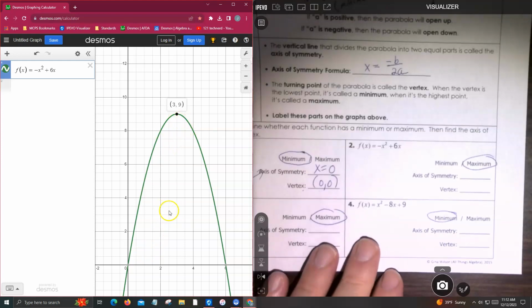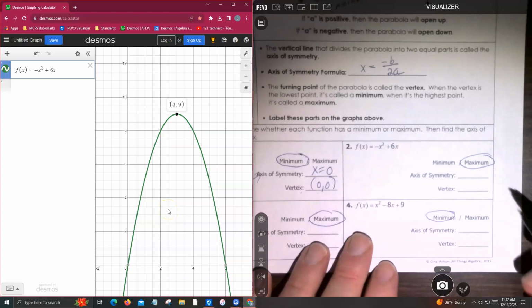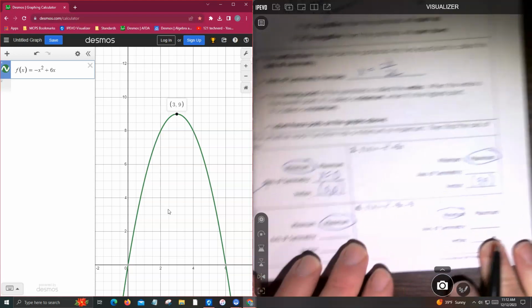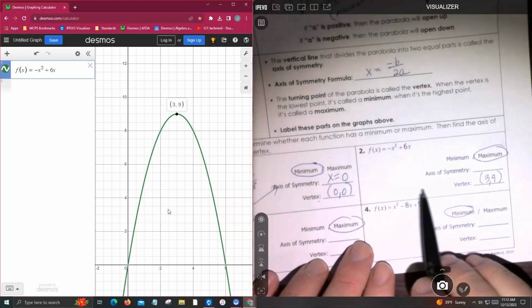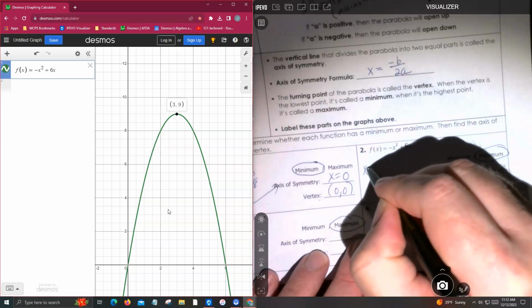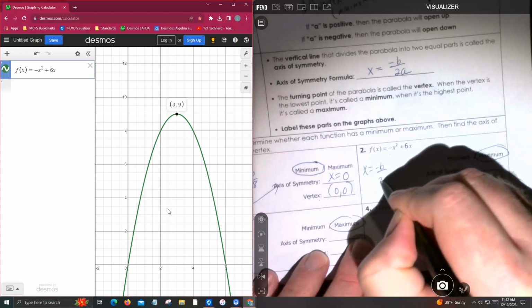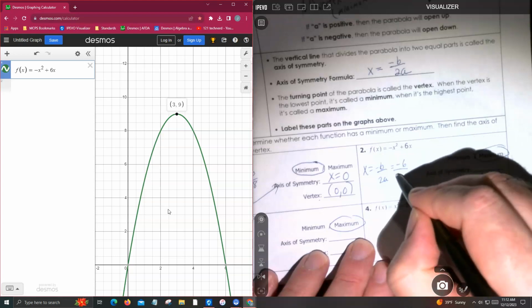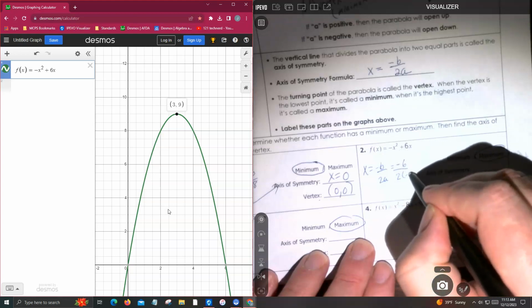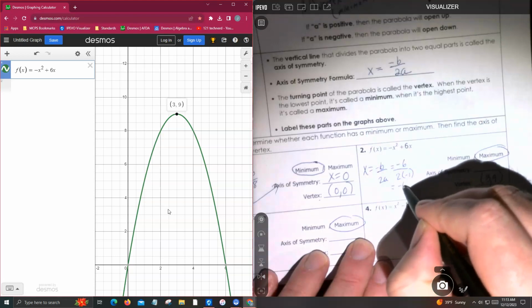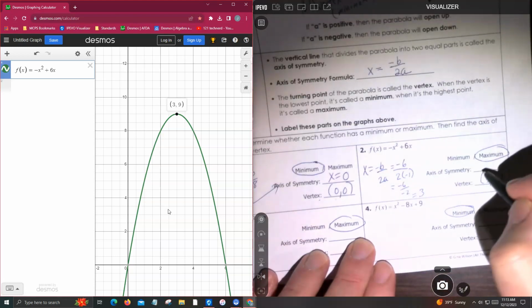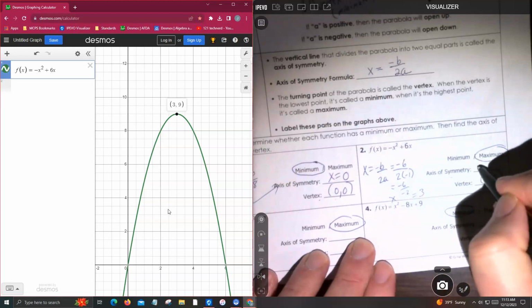So I got my vertex as being 3, 9, supposedly. Okay, so what we're going to do is punch this in just to make sure. x equals minus b over 2a. Okay, minus b is minus 6 over 2 times a, which is negative 1. Negative 6 divided by negative 2 is, lo and behold, 3, which is correct, so we got x equals 3.